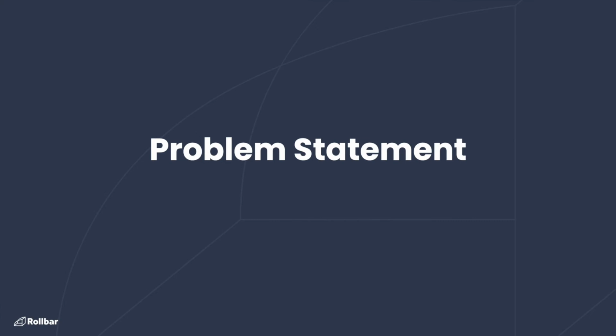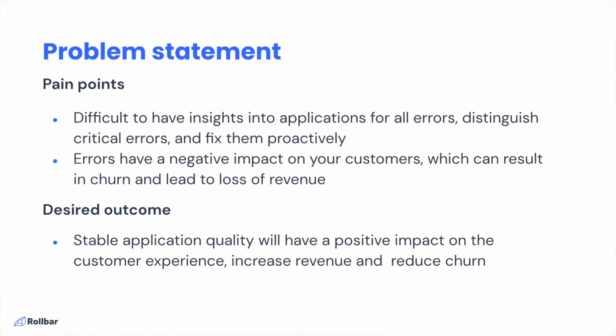All right, so what is the problem within the production space? Anyone that has to maintain code, I'm sure, is all too familiar with some of these problems. It's very difficult to keep an accurate monitor of your production code and make sure that all of the errors that surface are appropriately addressed.